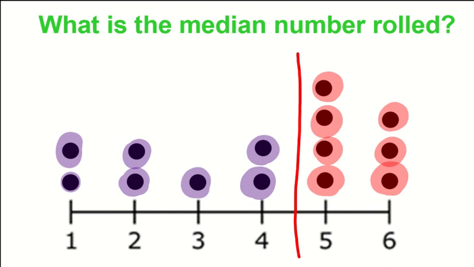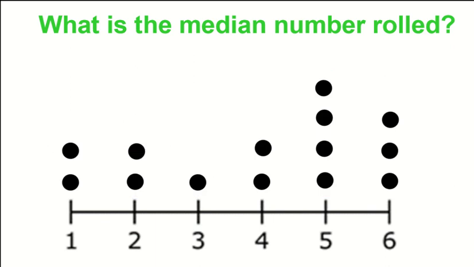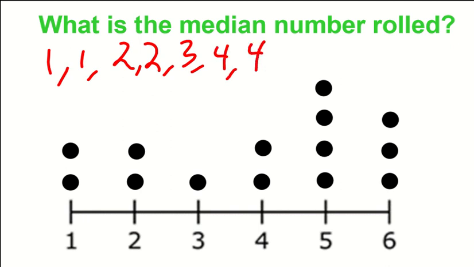Another way you can always do these, and I saw a couple of y'all doing it, you can always list out all the numbers. Now, in some cases, that's not going to be a reasonable way to do it. If there were like 20 dots, that'd be a little bit excessive.